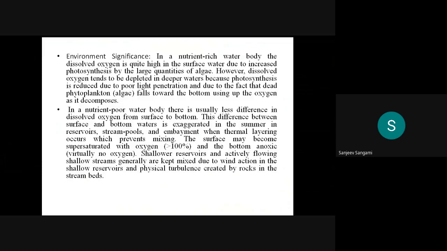So in a nutrient-rich water body, the dissolved oxygen is quite high in the surface water due to the increase in photosynthesis. This is very important. If I say it is a nutrient-rich water body, then the plants will grow. The best example is water hyacinth.